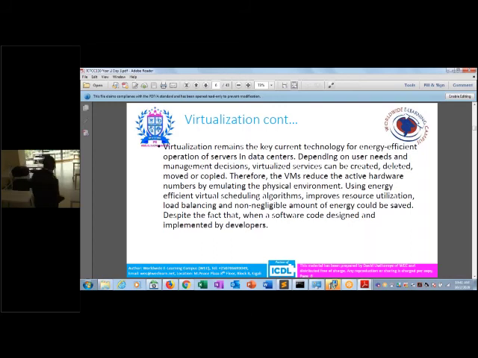Because additional machines are not emitting additional CO2, we are achieving green cloud computing.